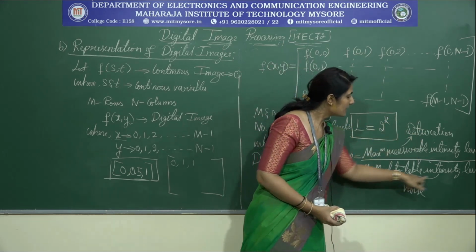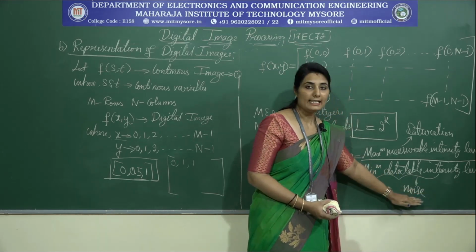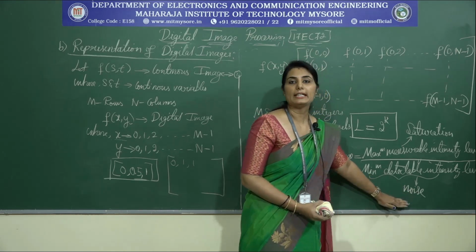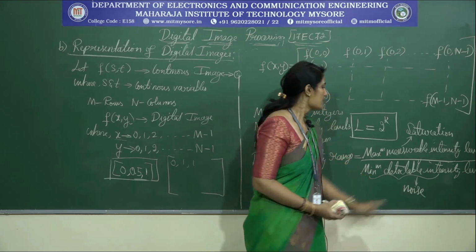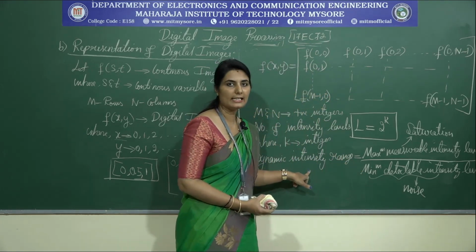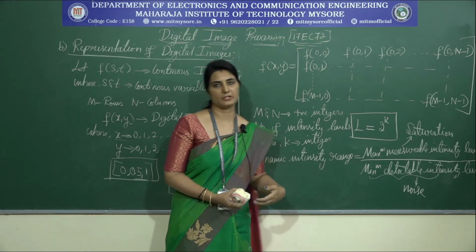The minimum detectable intensity level is nothing but noise, which means the intensity level below this noise level is not a true intensity value. This is what we call the dynamic intensity range.